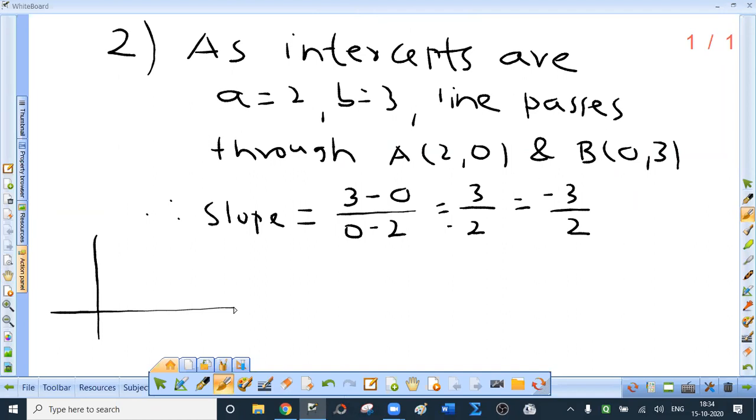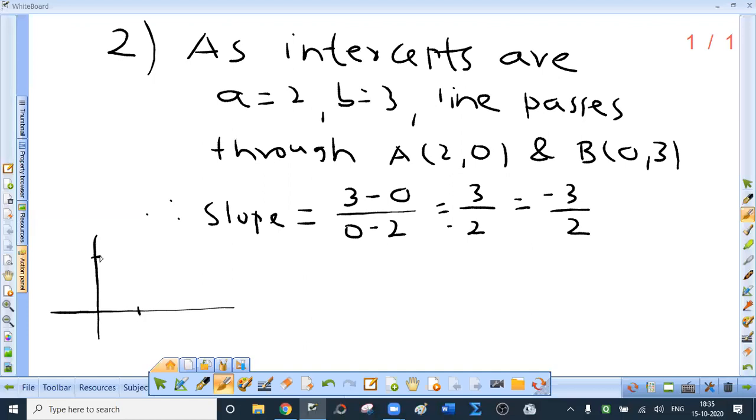Now slope is negative. So we expect that the inclination of the line is an obtuse angle, because for an acute angle, the tangent ratio is positive. Here the slope, that is tan theta, is negative. So we expect the inclination of the line to be an obtuse angle. Check this. Yes. This is the point 2, 0.